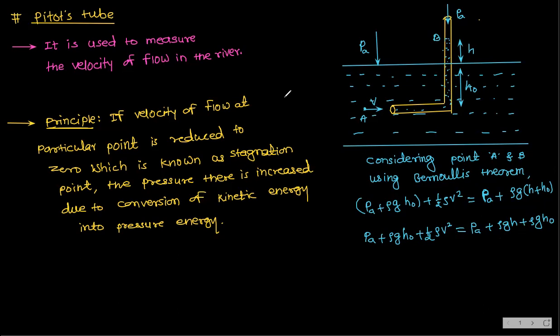Now this PA and this PA, if we transfer here and subtract, will get cancelled. Even this rho g H naught and this rho g H naught, if we transfer and subtract, will get cancelled, means it will become 0. And what is left now?